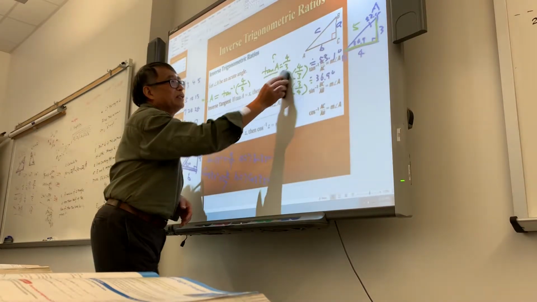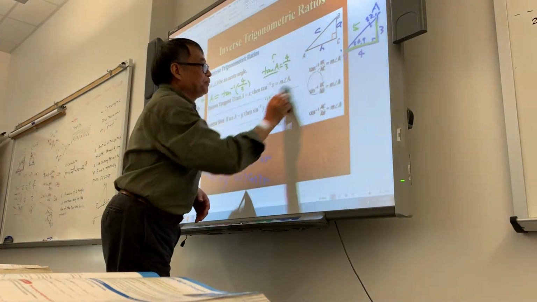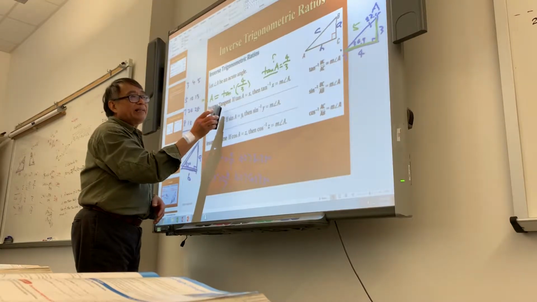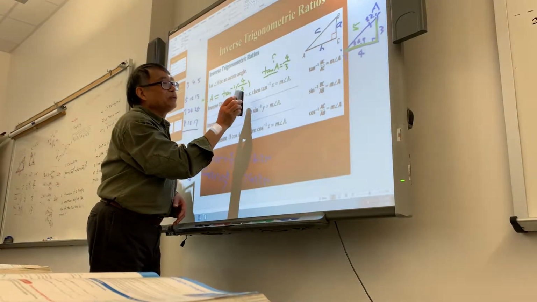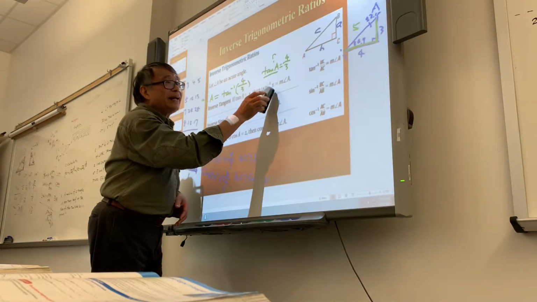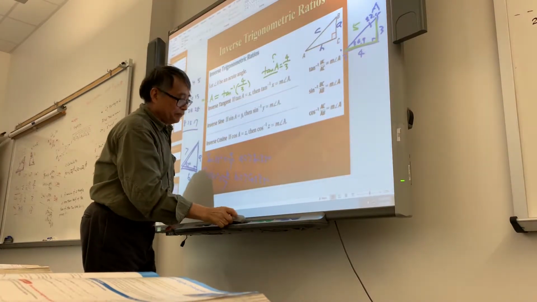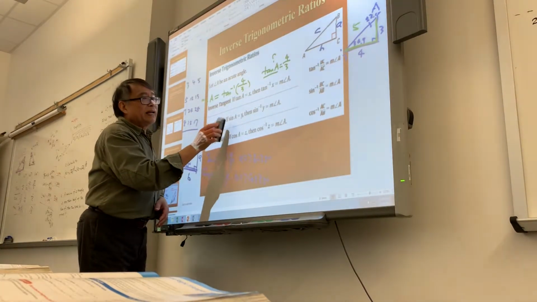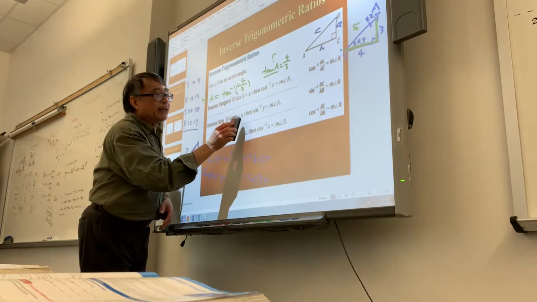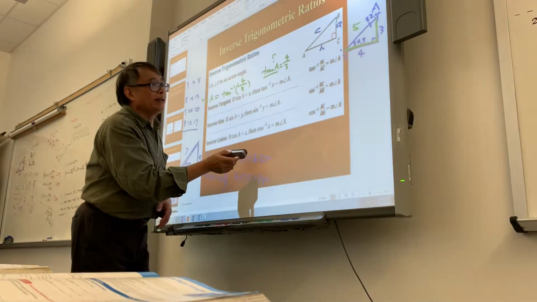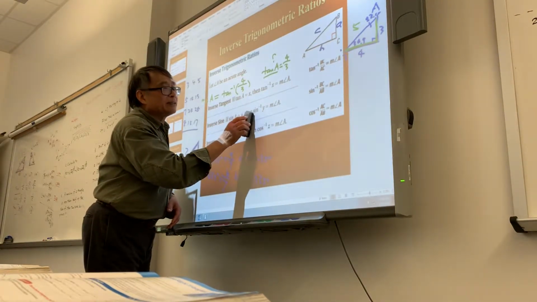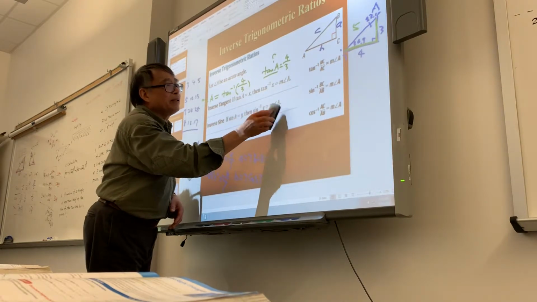I give you the example like this. You can see inverse tangent. If tangent A equals x, then arc tangent x equals angle measure A. If sine A equals y, then arcsine y equals angle A measurement.